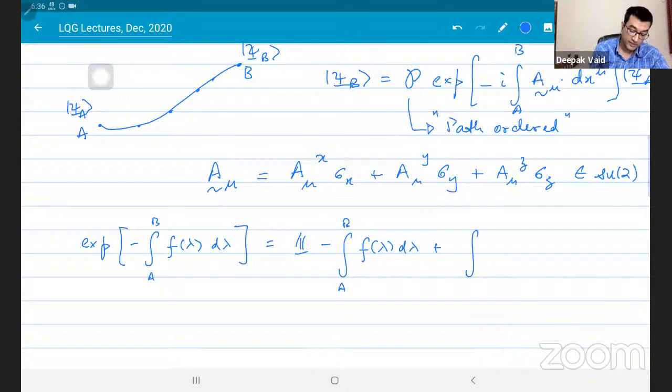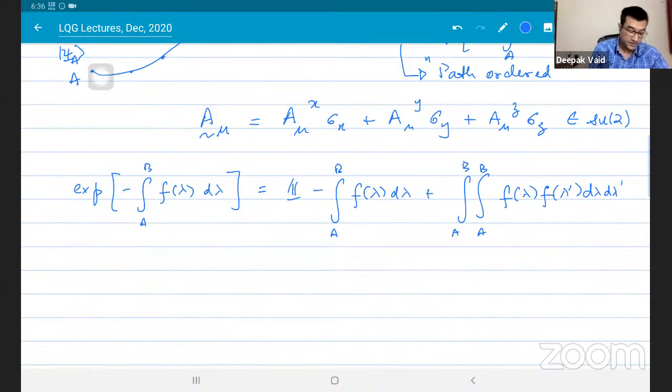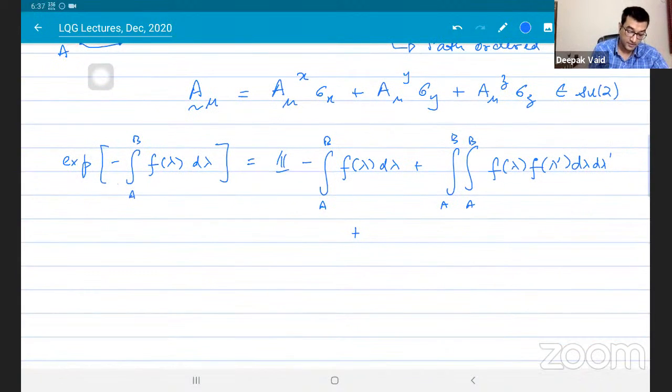Then you might think the second term will be this, f lambda, f lambda prime, d lambda prime. Naively, this is what one would expect the second term to be in this expansion. So it looks like a Dyson series plus order lambda cubed and higher.